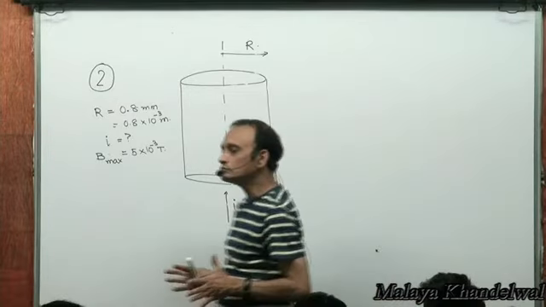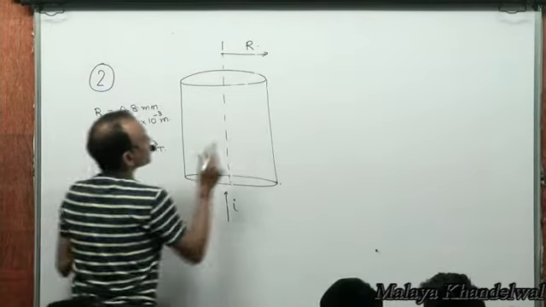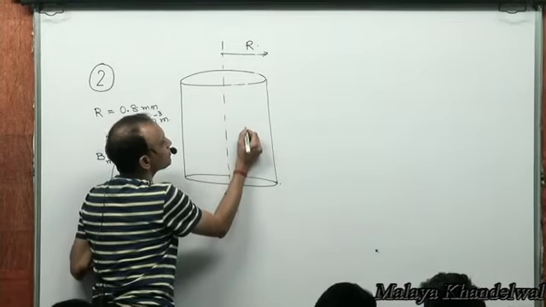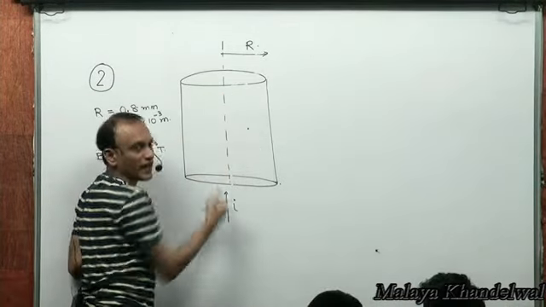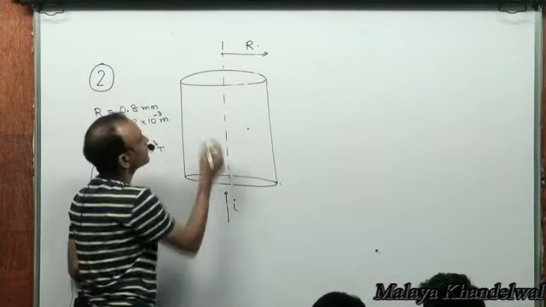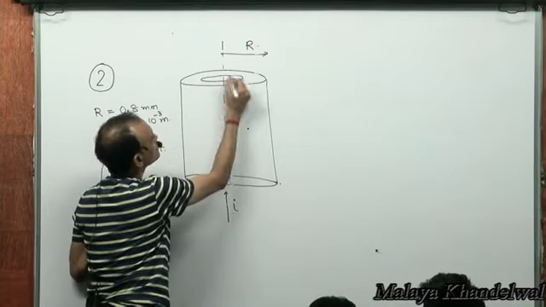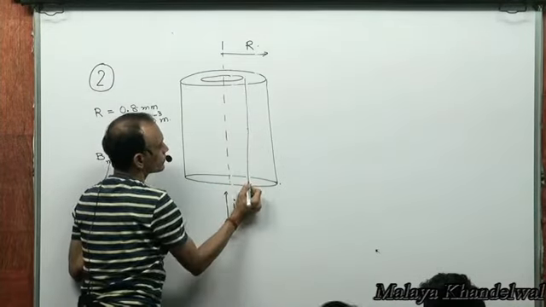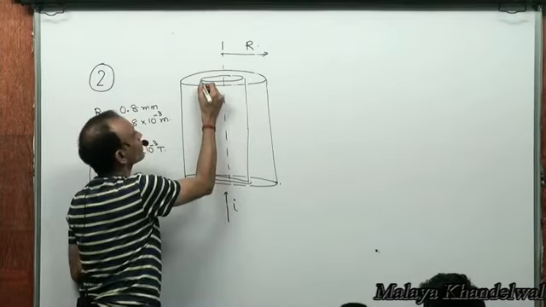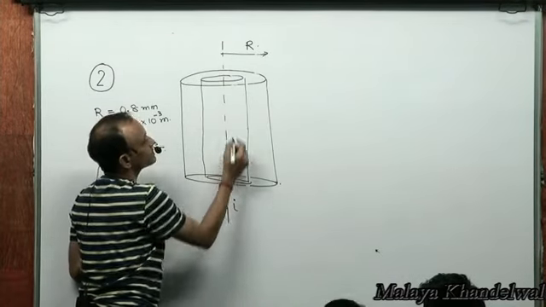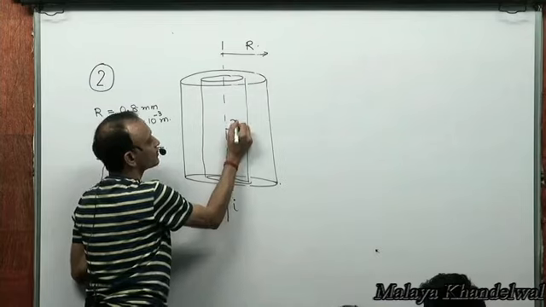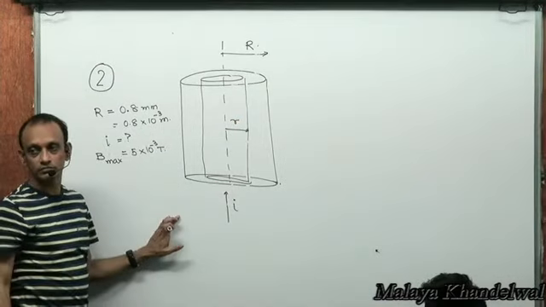Now, first of all, let me look at some point at a distance small r from the axis of this copper wire, right? So I imagine a coaxial cylinder of radius small r.